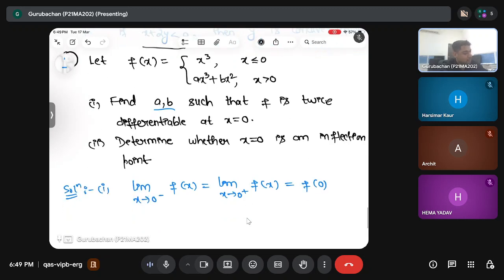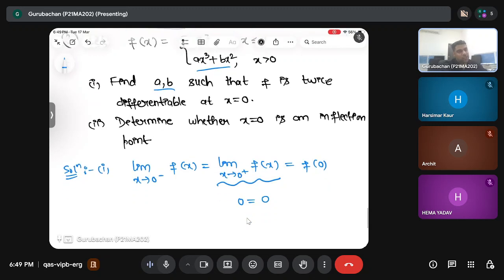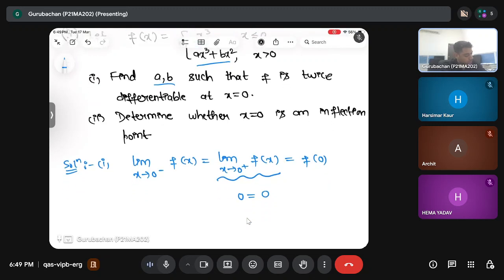The limit as x tends to 0 minus is nothing but f of 0, which is included here, so this is 0. The limit as x tends to 0 plus of f(x) is obviously a polynomial, so this will also be 0. If you substitute 0 plus h, when h tends to 0, you will get 0.